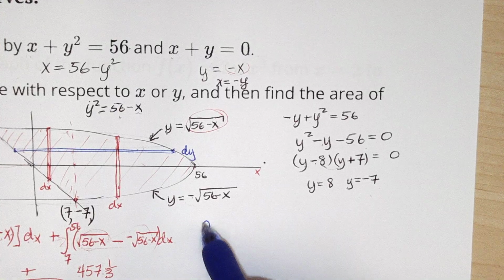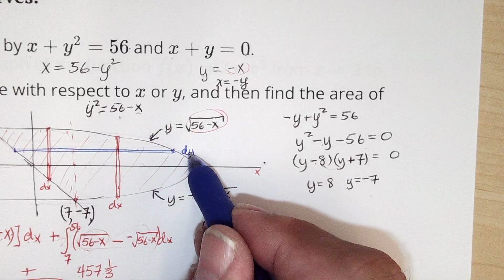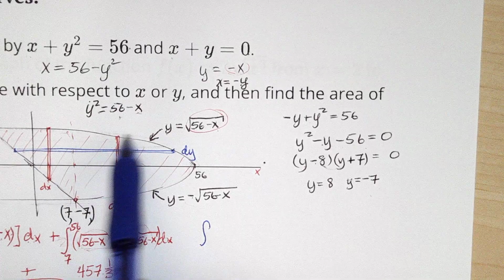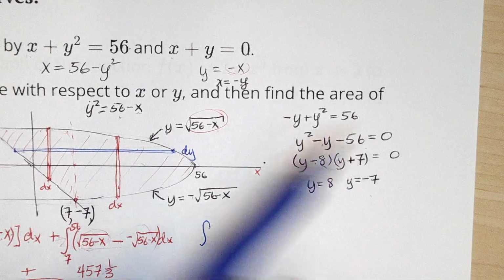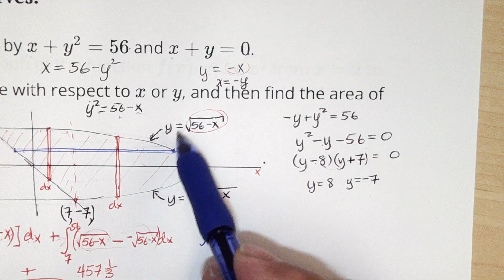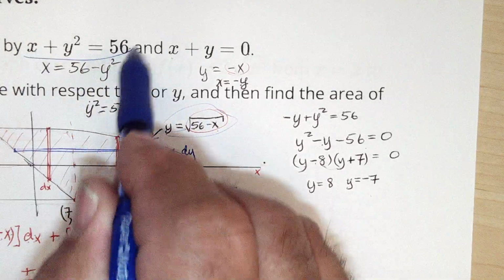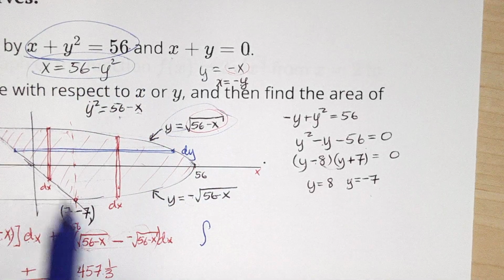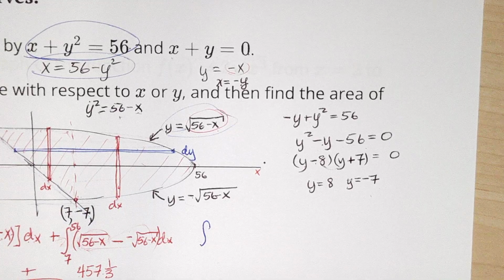And so I'm going to integrate, and it's going to be in terms of y. I'm going to do these slices from here all the way up to here. Notice the highest part, the most positive side, is this curve, and the lowest spot comes from this equation for all the slices all the way through.